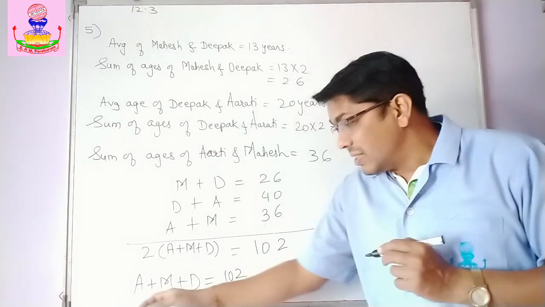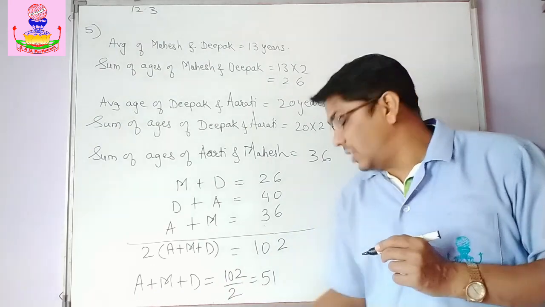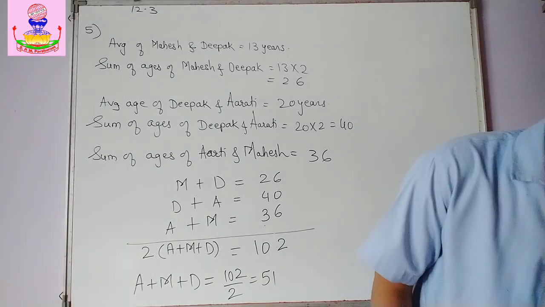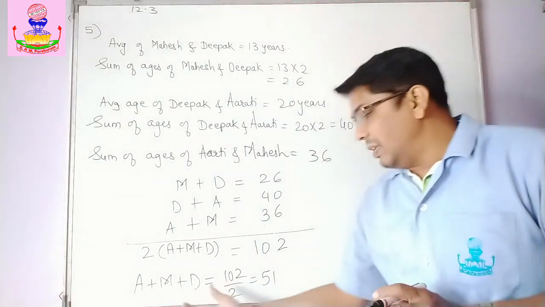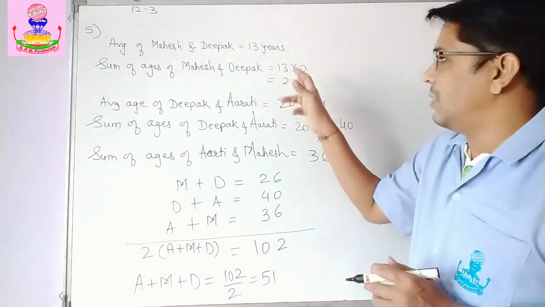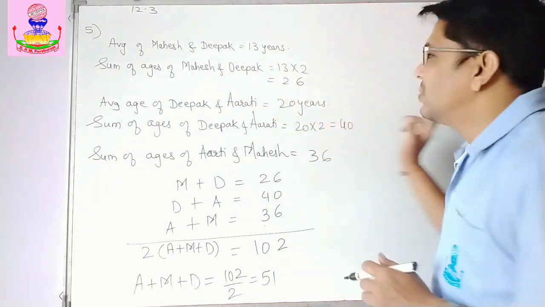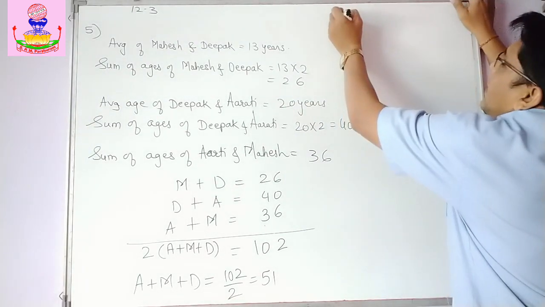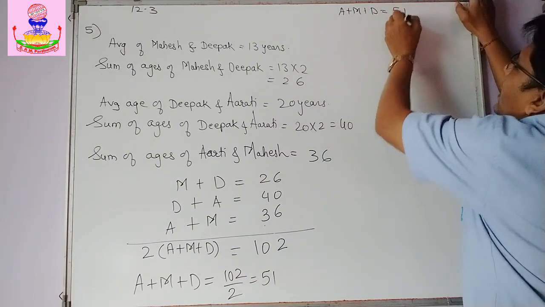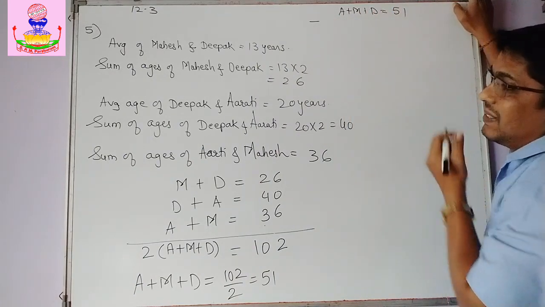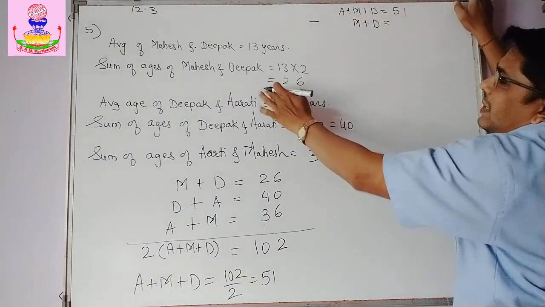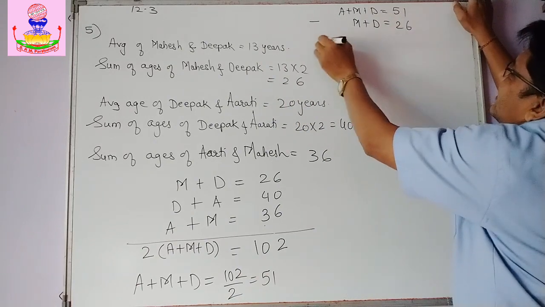Okay. Now see, so what did I get? The sum of ages of Aarti plus Mahesh plus Deepak is 51. Now I want to find the age of Aarti. So what will I do? I will subtract the ages of Mahesh and Deepak. Do I know the sum of ages of Mahesh and Deepak? Yes, I know. 26. So A plus M plus D is equal to how much? 51 minus M plus D, that is Mahesh and Deepak, that is 26.